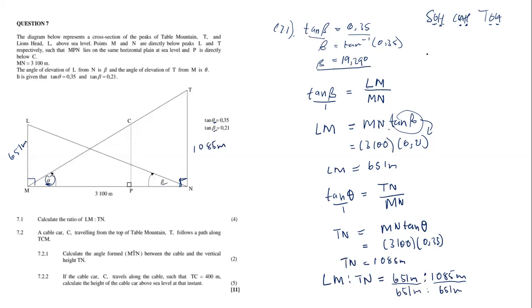So Lm is to Tn is going to be equal to 651 divided by 651, meters cancel meters, so we have 1 is to 1,085 divided by 651. We get that it is 1.67. Therefore, this will be the final answer for question number 7.1, where they wanted us to calculate the ratio.